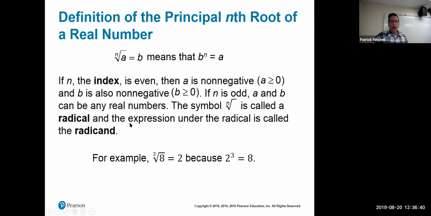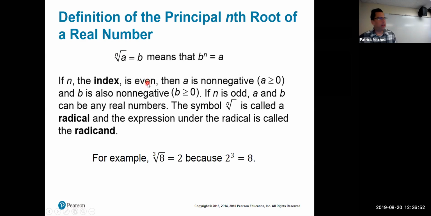Now, it turns out that it's pretty important whether the index of the radical, and by the index, I'm talking about this little number here, is even or odd. If that index is even, then the number inside has to be non-negative, just like with a square root. So square root would be an example of that.